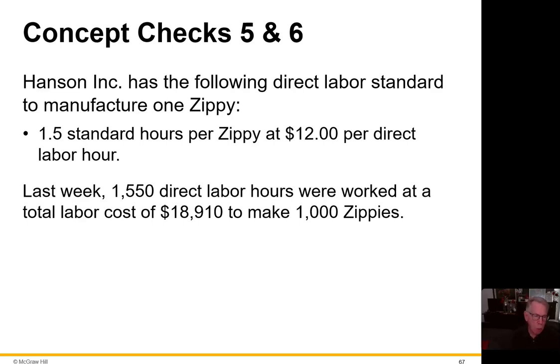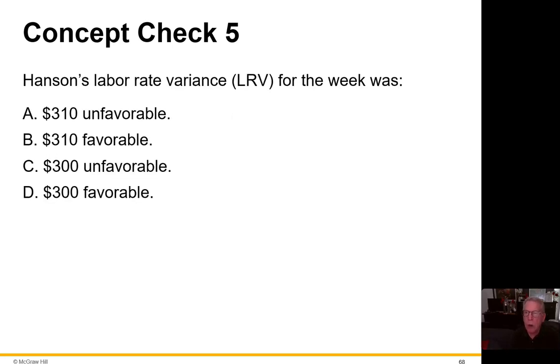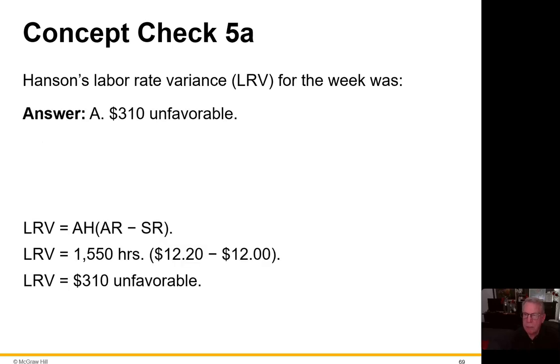You're starting to see how we're going to put this together from the prior slides. And we'll continue on with this wage rate variance here. And that's going to be 310 unfavorable.